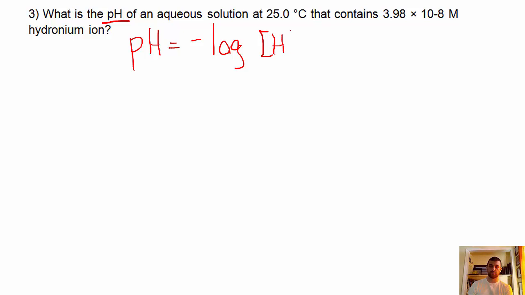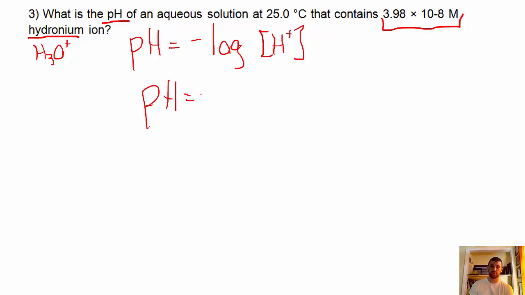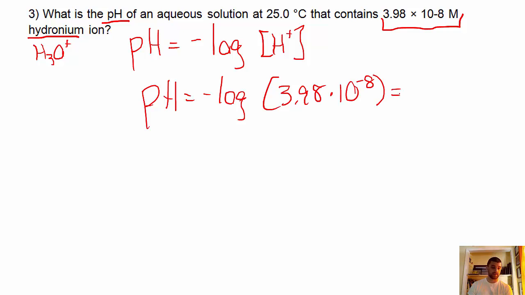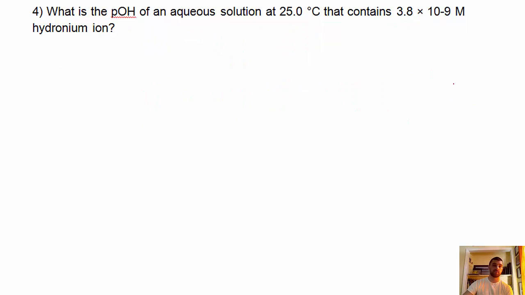They gave us the H3O plus, which is the H plus ion concentration. So we just plug it in. pH equals negative log of 3.98 times 10 to the negative 8. And that gives us 7.4. That's it.